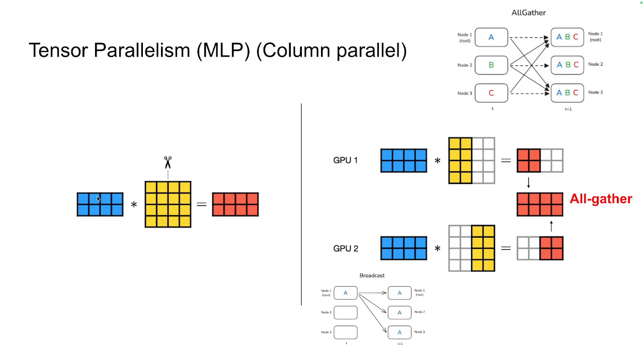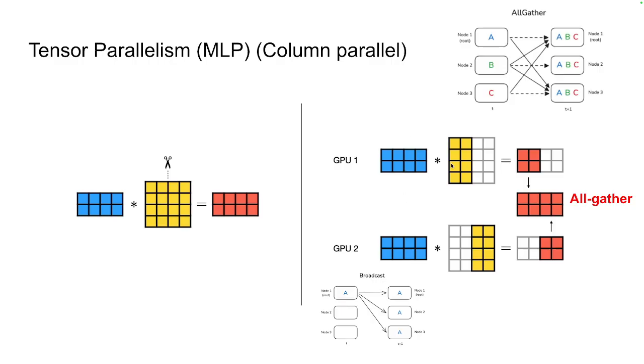Then we take this input and broadcast it to both of our GPUs, and this is the collective communication in parallelism, where in broadcast you just take one piece of data and broadcast it to all the nodes. Here we only have two nodes, so we just broadcast it to two GPUs.